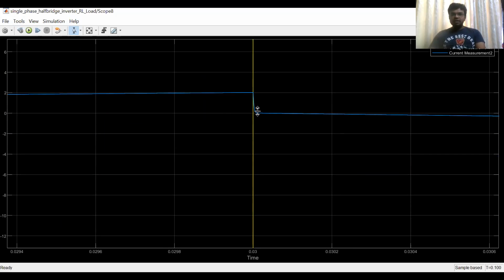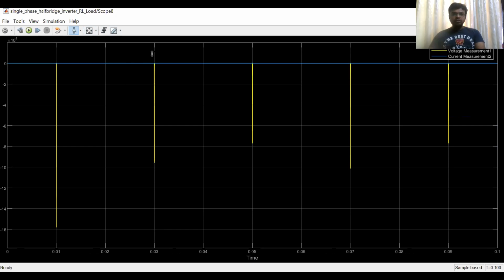Now see here, at exactly 0.03 time, the current is suddenly zero. So at 0.03, a high voltage spike is obtained because you are not providing any discharge path.